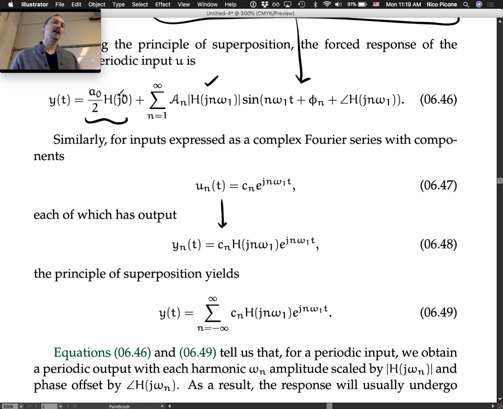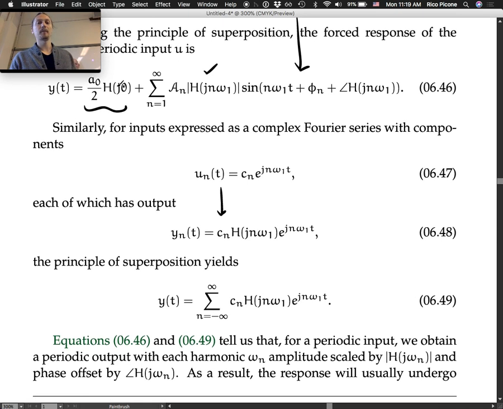That is just the frequency response function evaluated at omega equals 0. If that's equal to 1, then this term goes away, but it might be equal to 5 or 10. It's the so-called DC gain of the transfer function, or the frequency response function.